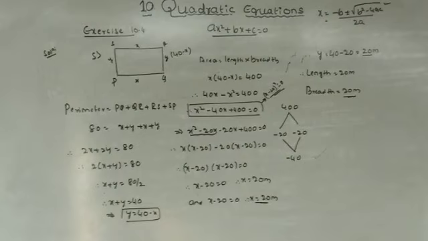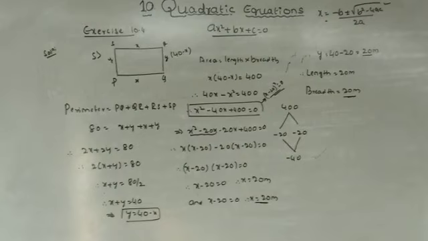What about Y here? That is 40 minus X. Next, the area. What is the formula to find area? Area is equal to length into breadth.